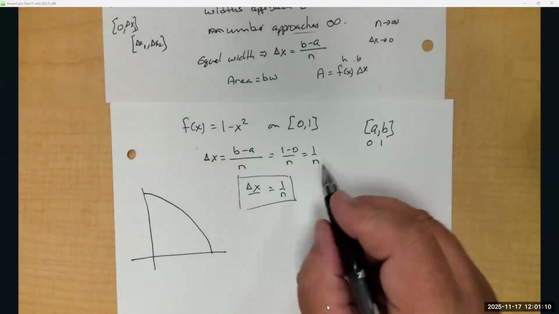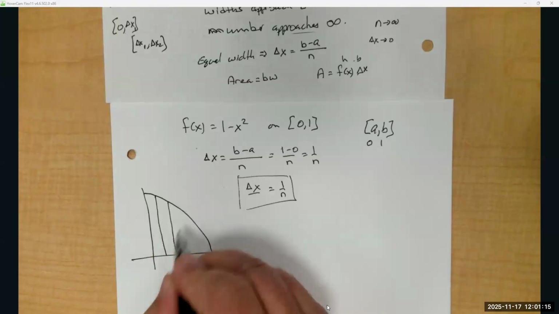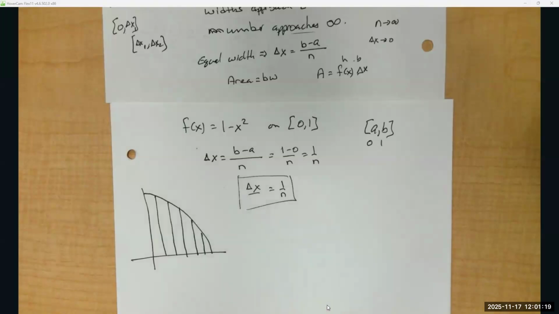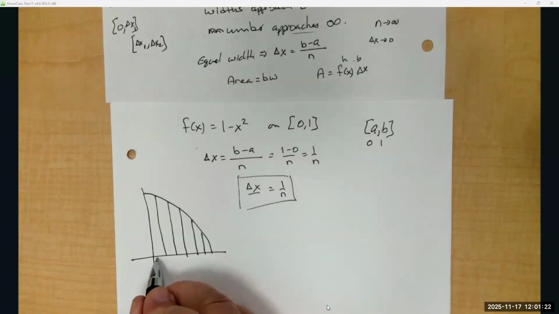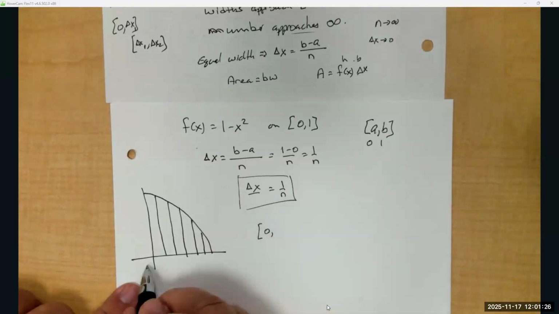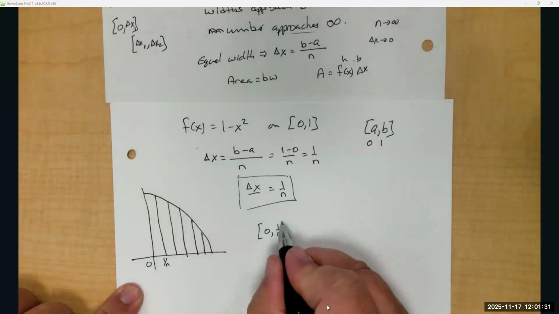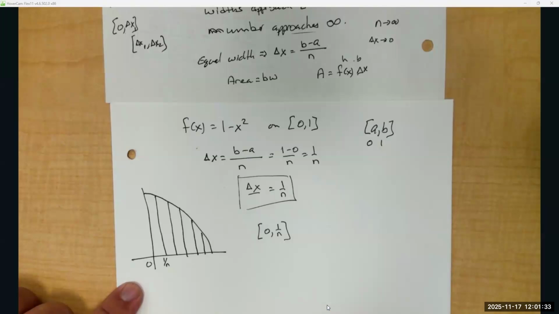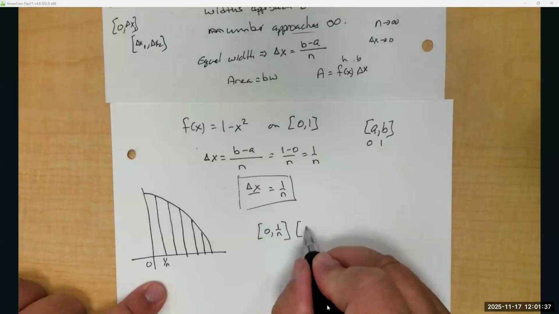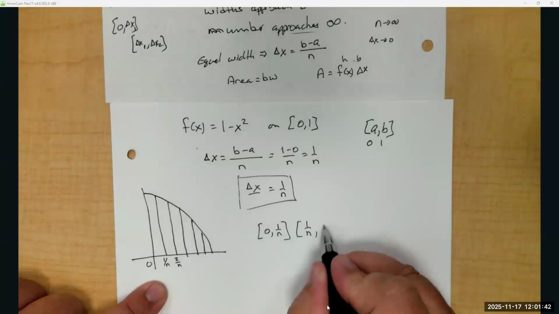So because of this, each one of our rectangles, the first interval will go from 0 to our first interval, 1 over n. The next one starts off at 1 over n, and it goes to 2 over n.